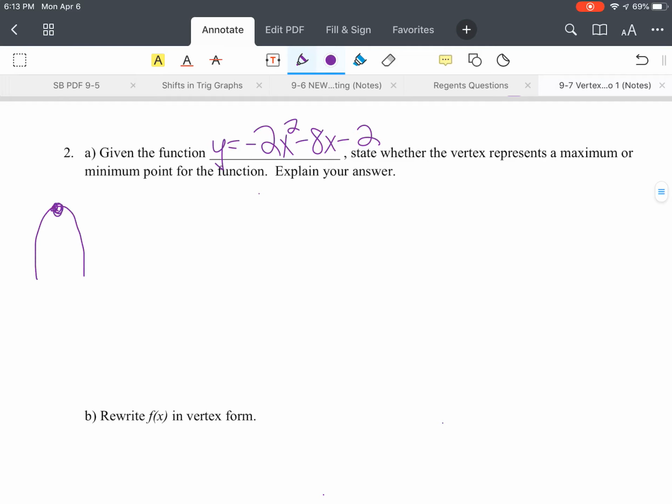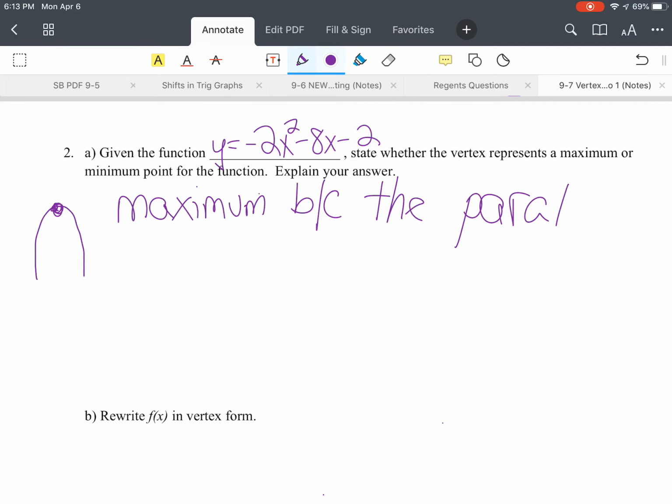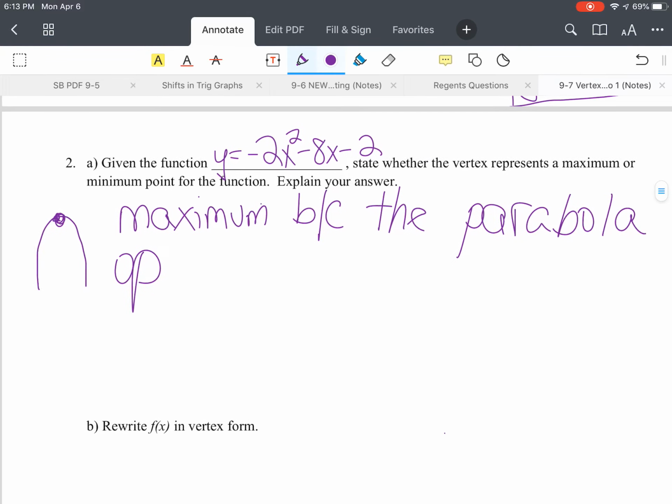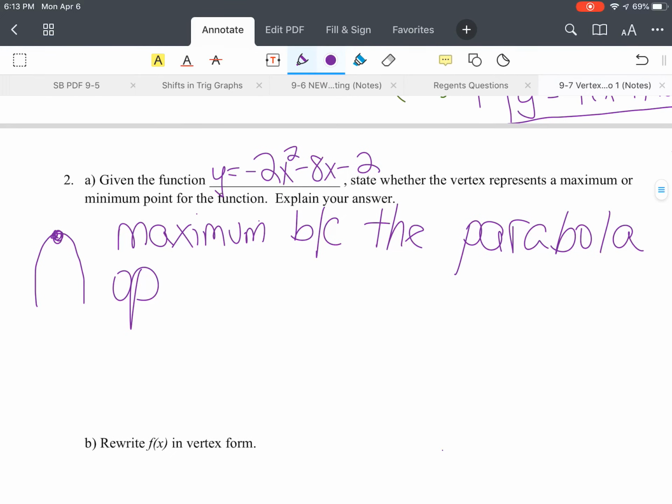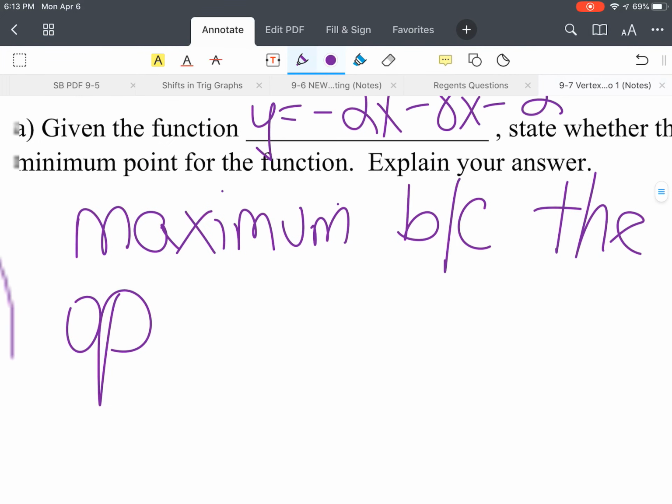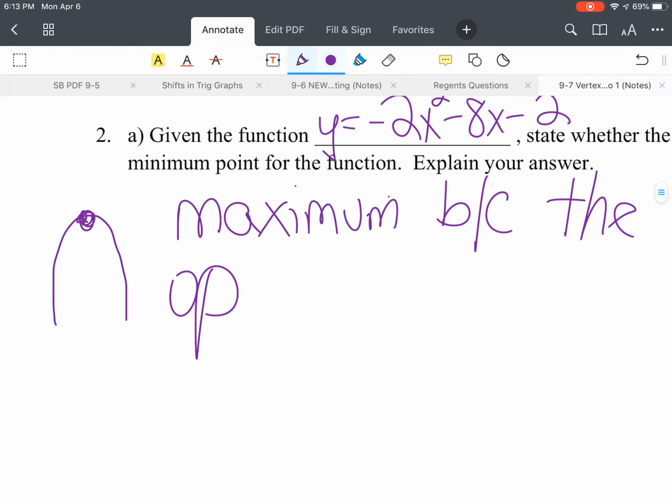It's at the top. It's going to be a maximum, because the parabola opens down.